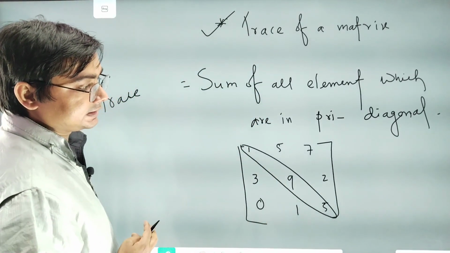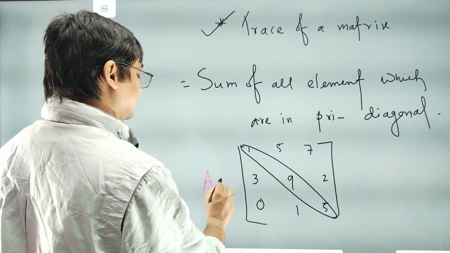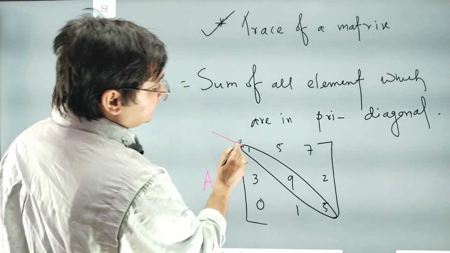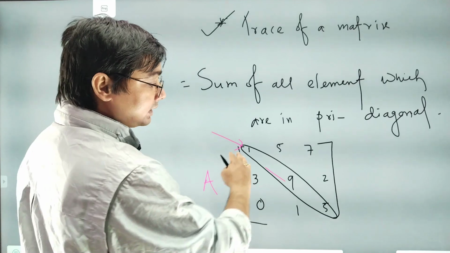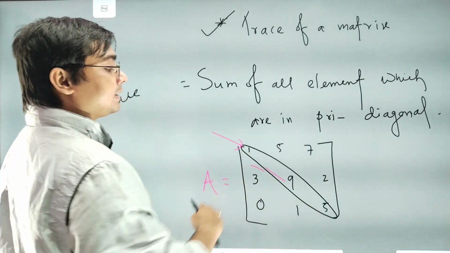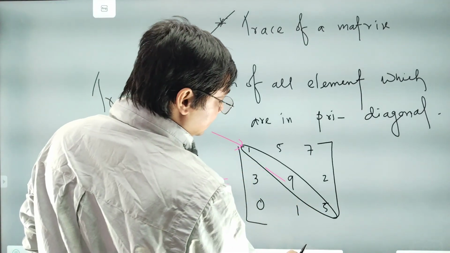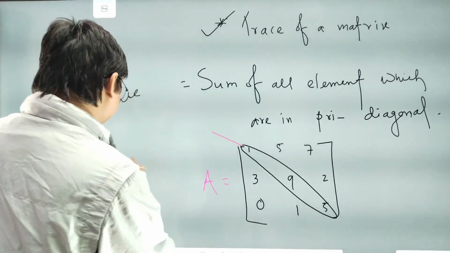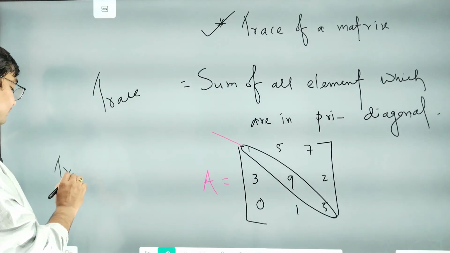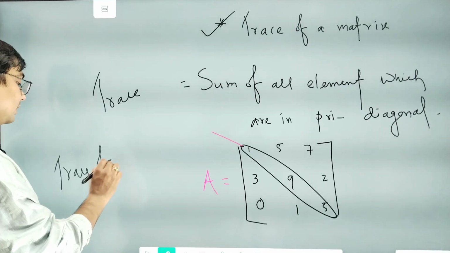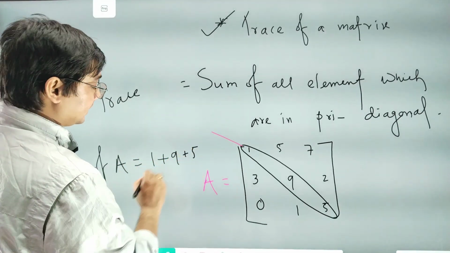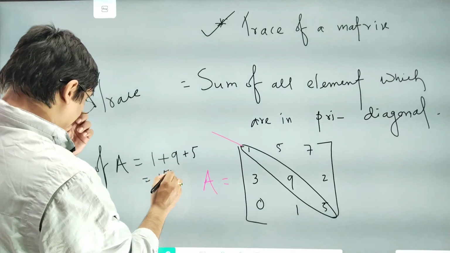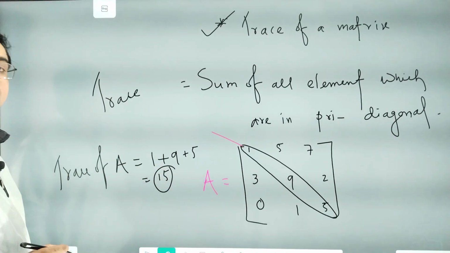Suppose this is our matrix A. Then the sum of all these diagonal elements, all the elements which are on the diagonal, is called the trace. So what will be the trace of this matrix? The trace of A will be 1 plus 9 plus 5, that means this will be 15. So this 15 will be the trace of this matrix.